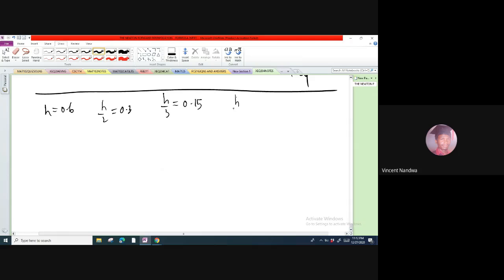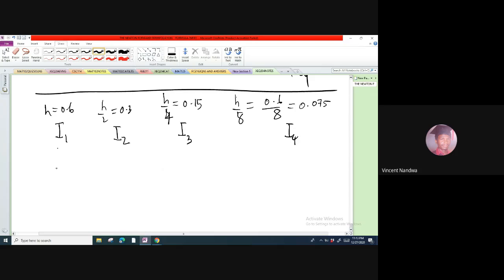You can as well go to h over 8, which gives you 0.6 divided by 8, that is 0.075. So this will give you I1, this one I2, this one I3, this one I4.